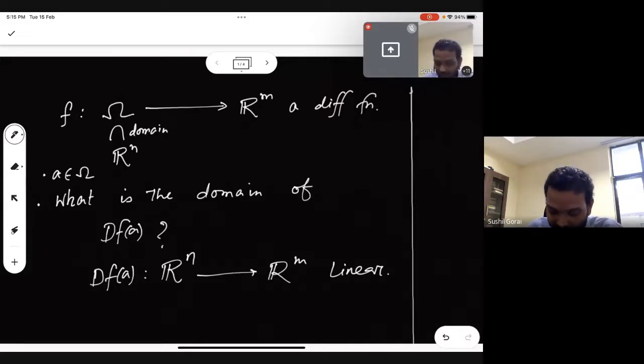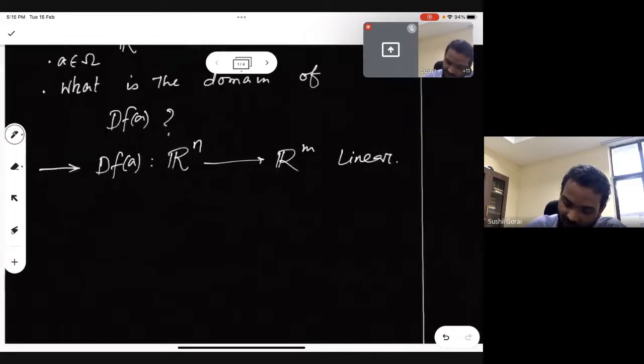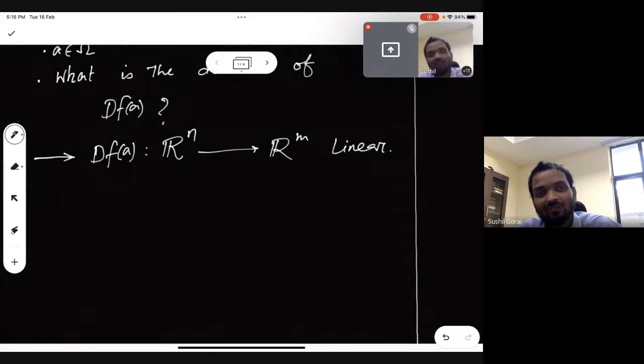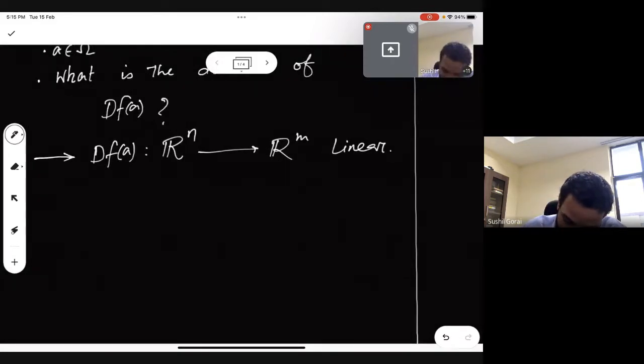So you know it is linear, but the question is, where does this Rn come from in omega? Well, that is coming from the tangent space of omega.